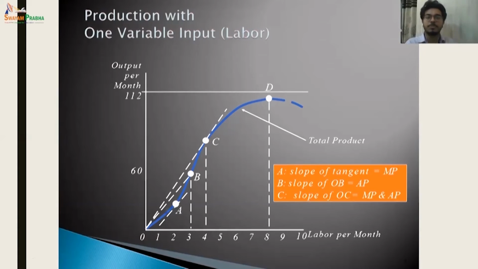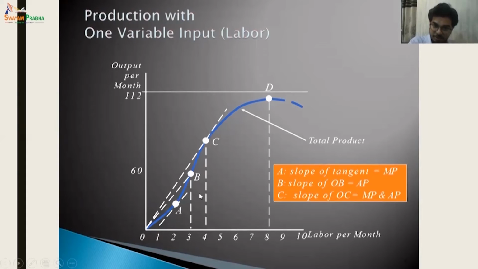So what we observed over here is initially it is increasing and then it is decreasing, right? What we observe here is that it is increasing at an increasing rate.